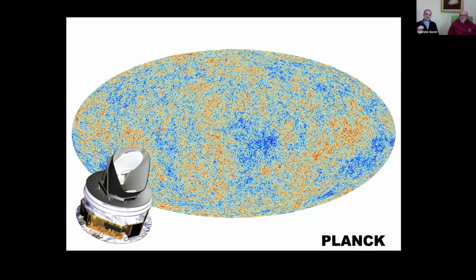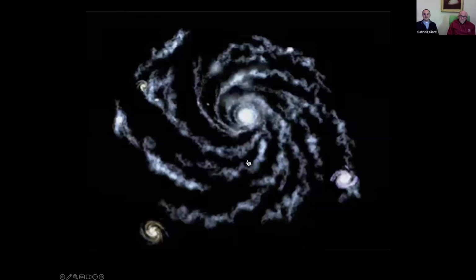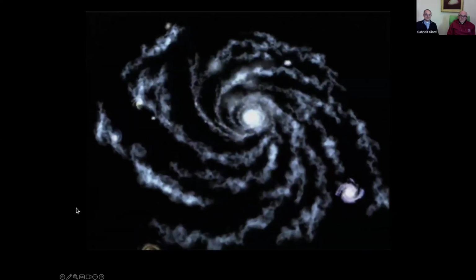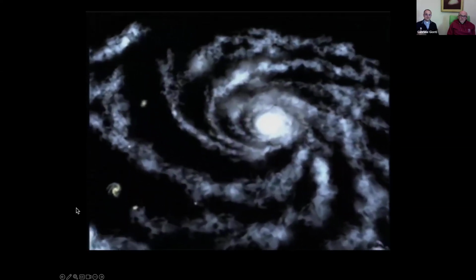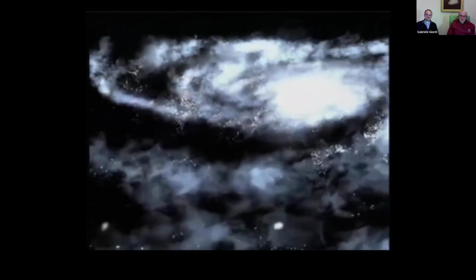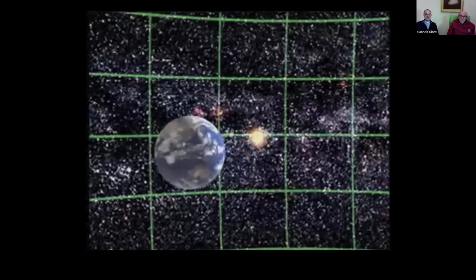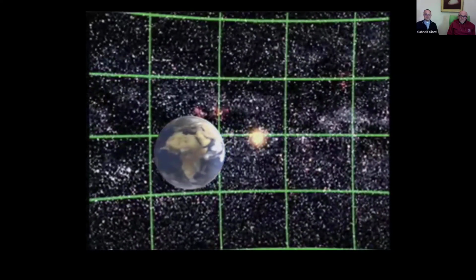But we are not interested only in the temperature fluctuation, but also in polarization, because this electromagnetic wave, the CMB, is also polarized. But let me see if I can show you this movie, just a quick summary about the CMB. You can see from this movie how a map of the CMB is produced.